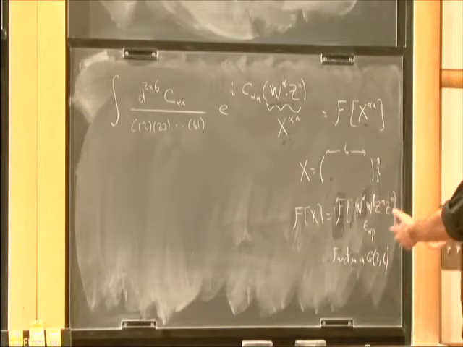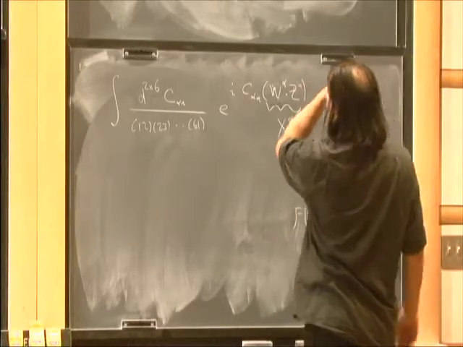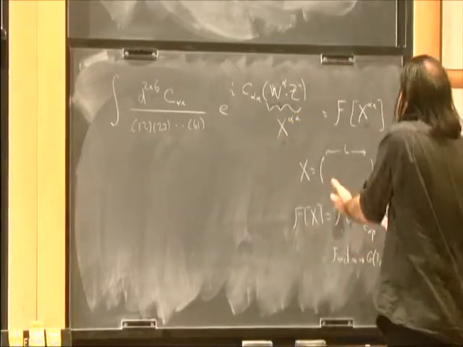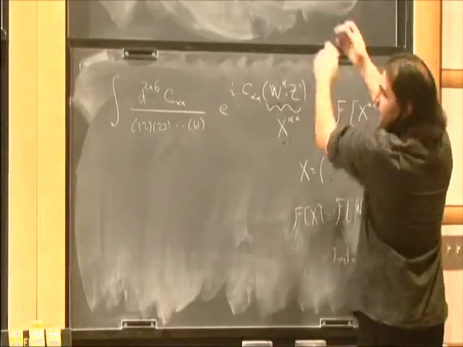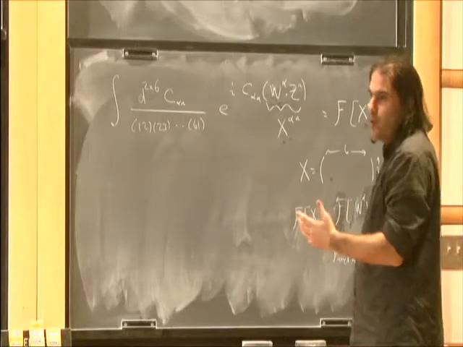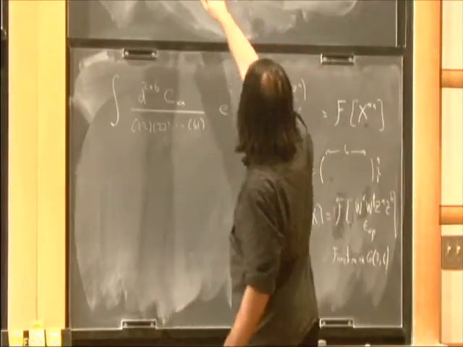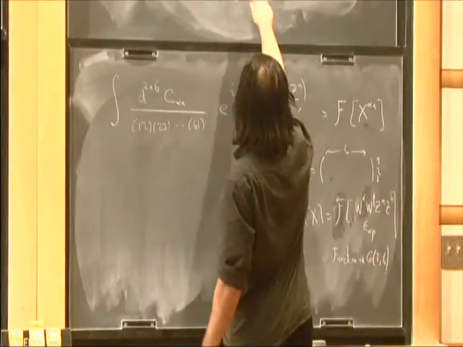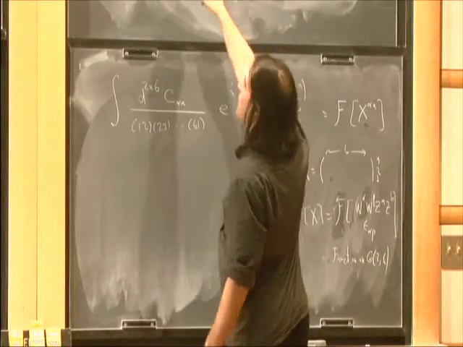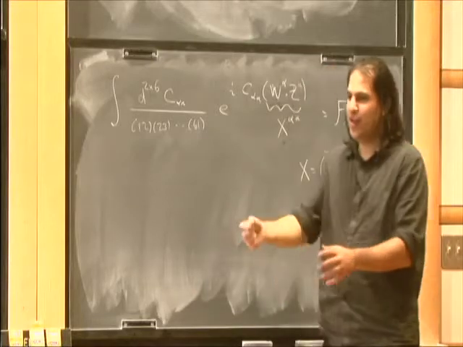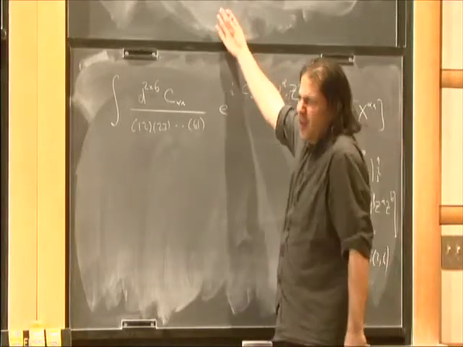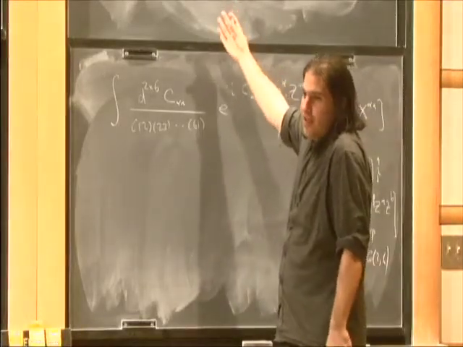Formally, it looks like it's specifying some kind of boundary, just like that one is. The sense in which it's giving a boundary is that if you hit this with differential operators on the x, you notice that it turns into a delta function. In this case you differentiate it once and you just get a delta function.